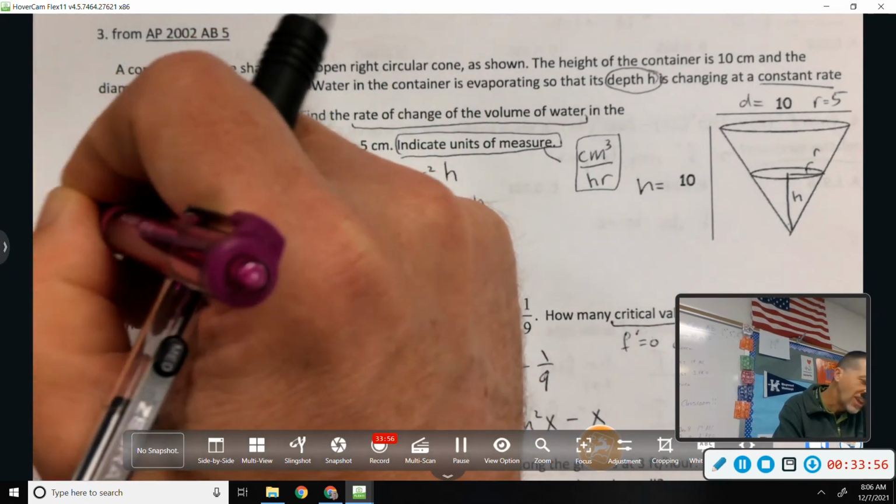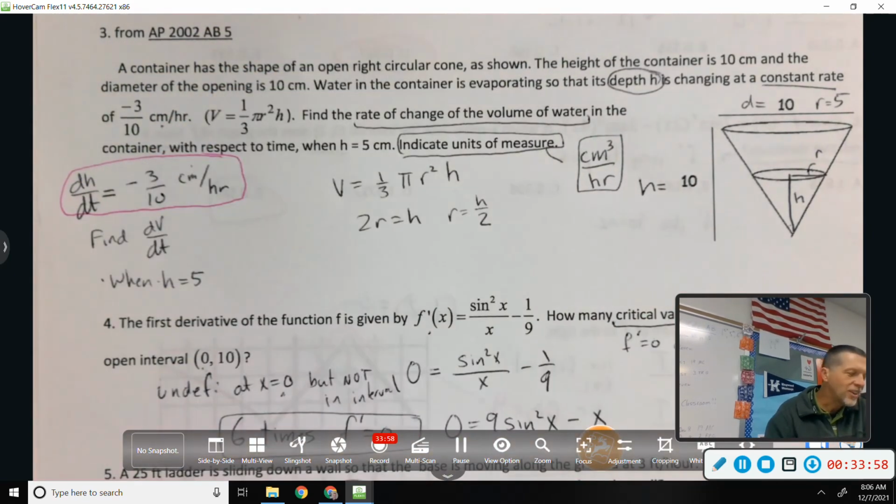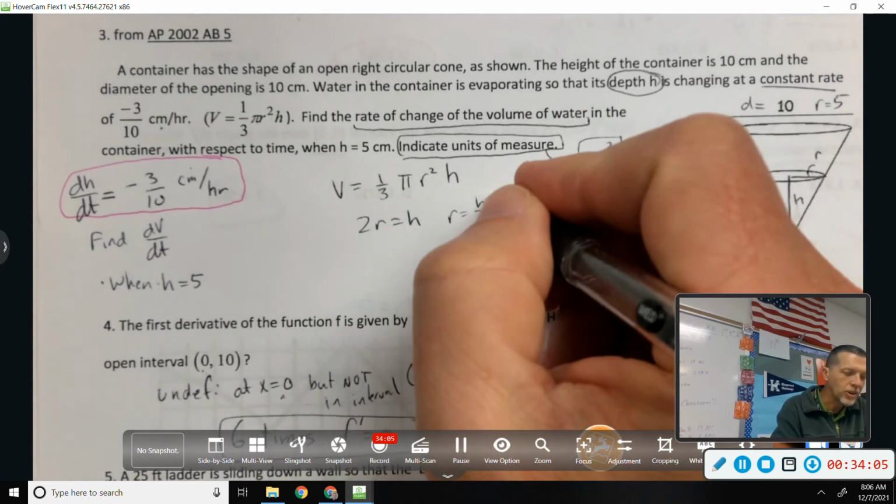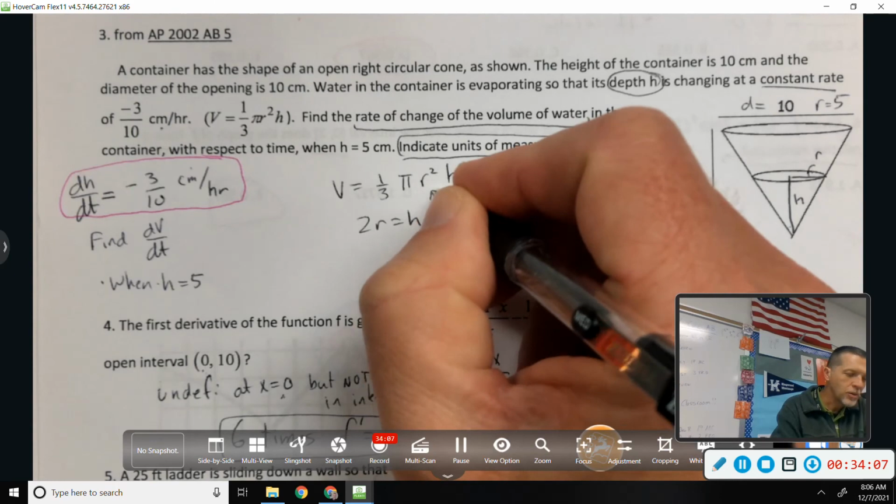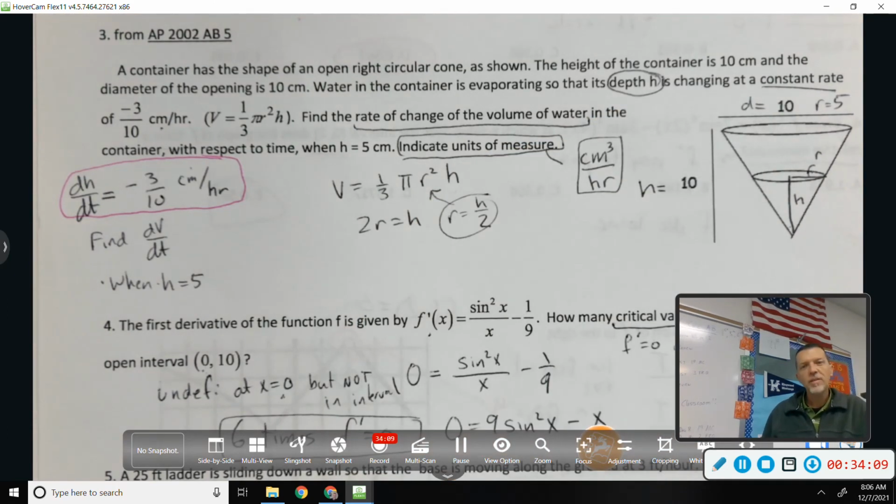I want dH dt to show up because I know what dH dt is. So I need H's in my problem. I don't want R's in my problem. So I'm going to replace R with H. Mathematically it would be easier to do it the other way. But if you do it the other way, then you have dr dt, and you don't know dr dt. So it's best to replace the R's.